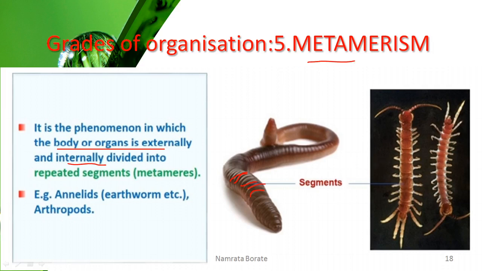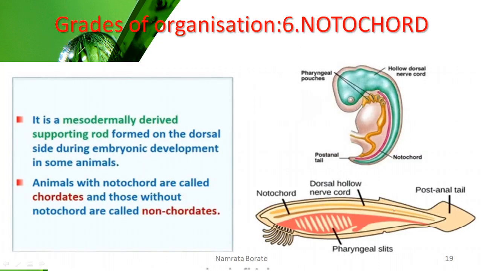It is also observed in the arthropods. The next one, the last, sixth one, is the notochord. What is a notochord? It is the last grade of organization. It is a mesodermally derived supporting rod on the dorsal side of the embryo, and on the dorsal side there is a nerve cord.